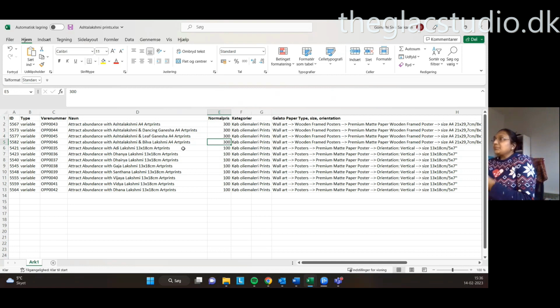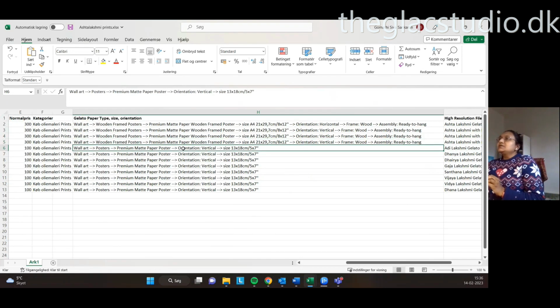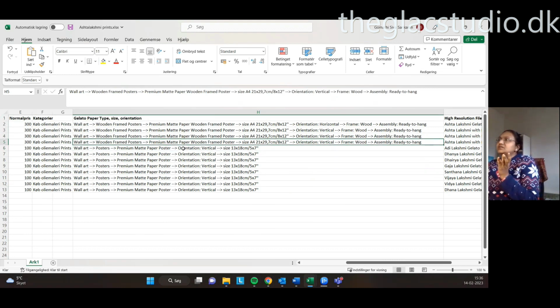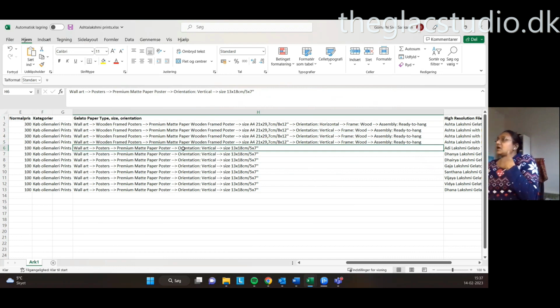For this series, what we can do is that when you go into the printing partner's website, they will give you a catalog on how they price. What size of the image do you want? For example, what I have chosen here is all going to be premium matte paper posters, and there are two different sizes I am going to offer. Is it vertical or horizontal, and what is the centimeter or inch size, depending upon where you are?